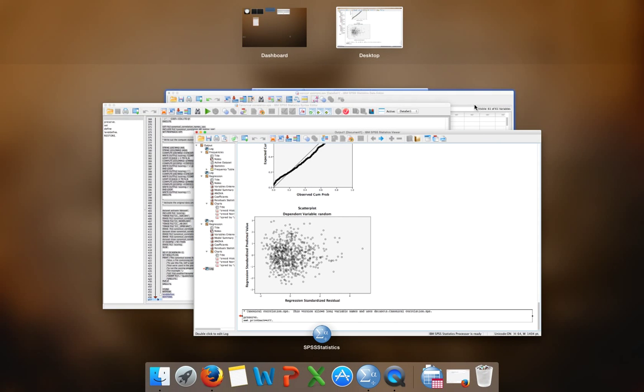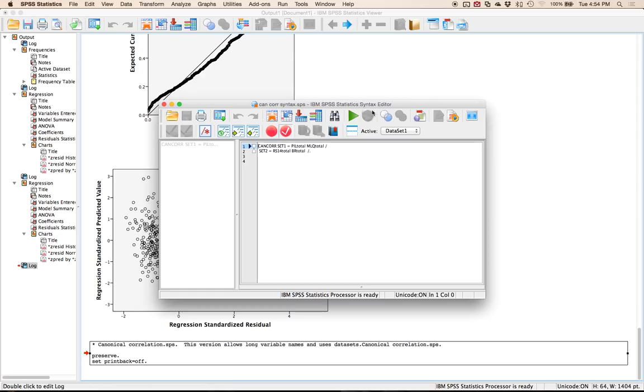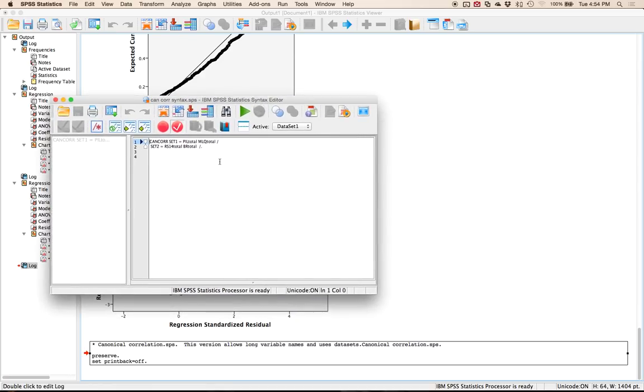So the next thing I want to do is I've actually already typed this up, but this little piece here is the syntax for running canonical correlation. I would put this in a separate file so you don't mess up your CanCore file, because otherwise it's going to always look for those variable names. And what you do is you type in the command. So the command that we just ran is CanCore, and then set1 equals all the variable names that are in set1.